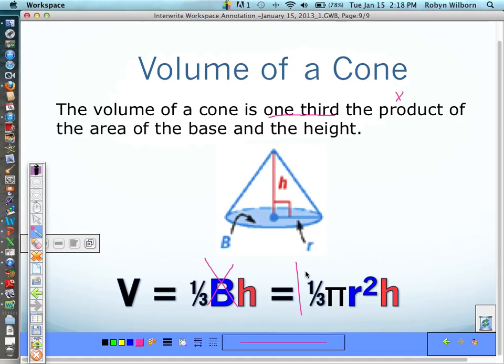We are going to use this formula, and this is the formula that you'll see on your reference sheet. But just so you know, it is the same as the big B. It's 1/3 pi r squared times the height. So we basically have a cylinder, and we're taking 1/3 of that because the third comes from the shape being a cone as opposed to a cylinder.